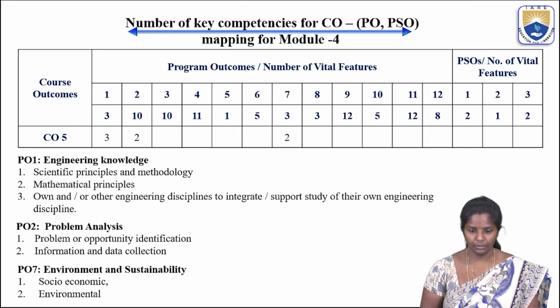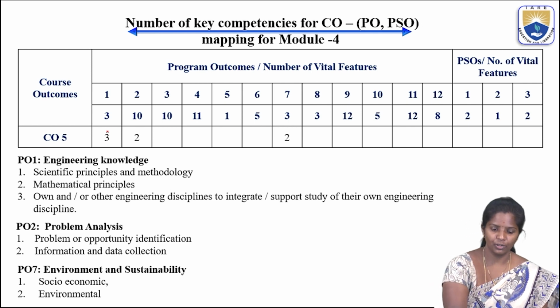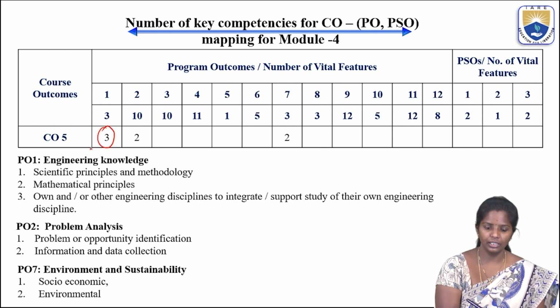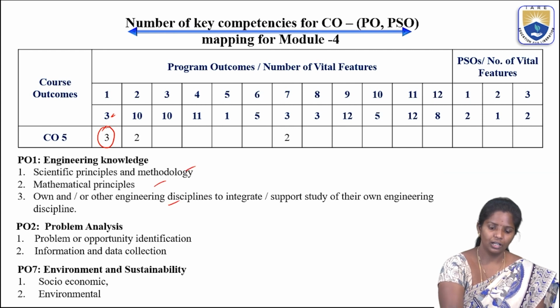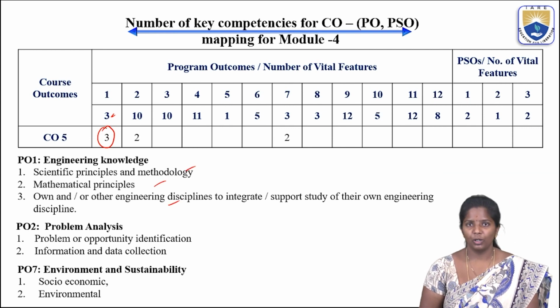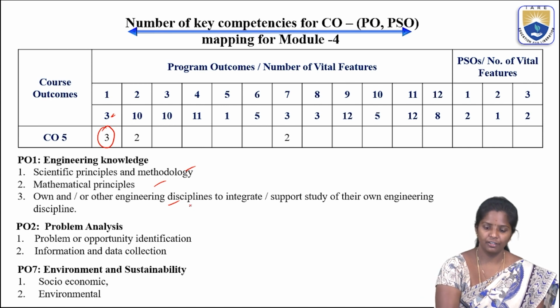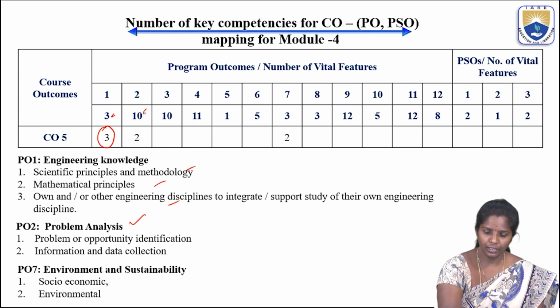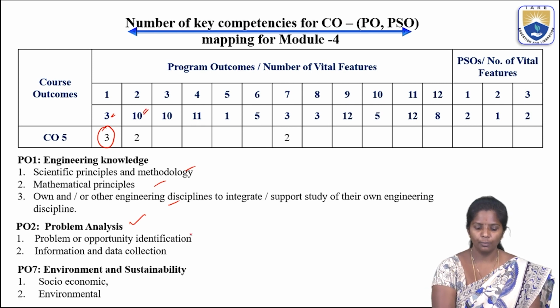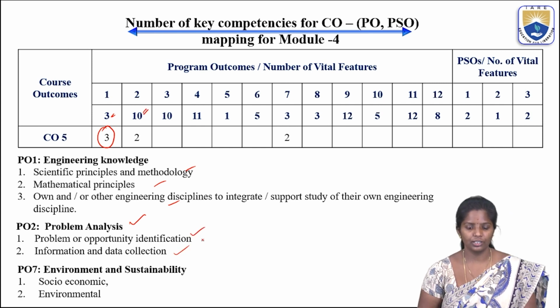These are the numbers of key competences. If you see in detail, out of 3, 3 of 3 are matching for program outcome 1. Whereas for program outcome 2, there are 10 key competences, but only 2 are matching: problem identification and data collection.